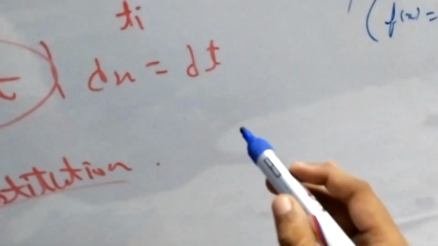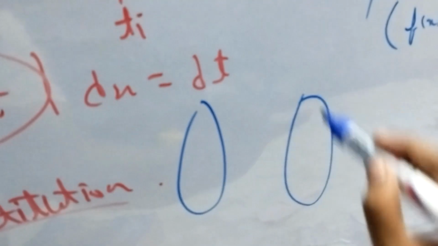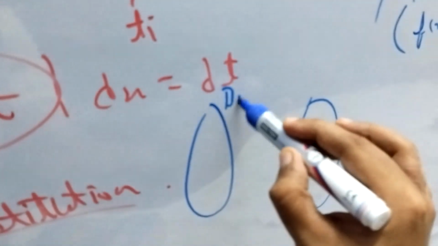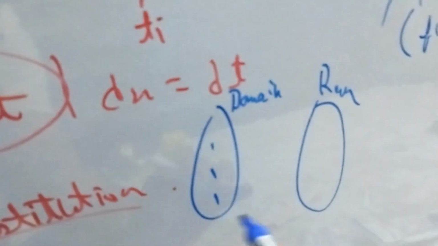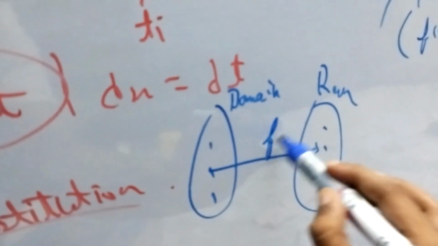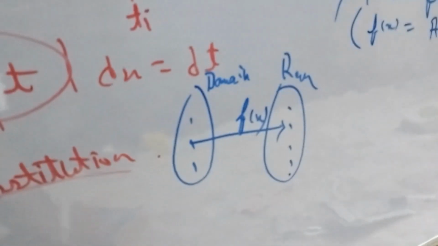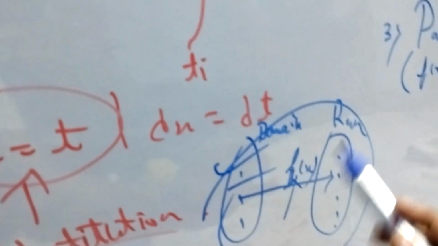You must have read it in class 9 and 11 or 12, and there is set theory also that says something like this: this is the domain, this is the range, right? There are some values, and there is a mapping. If this mapping is possible, then this is the function, right? I think you have a clear idea of this.